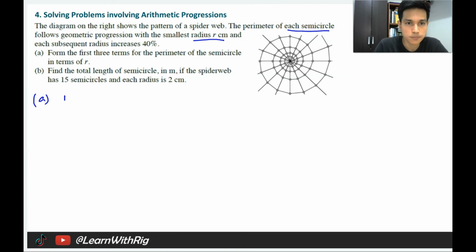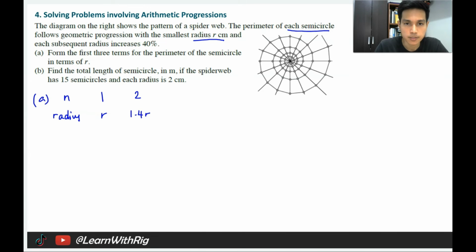So we are going to find, okay, so when n equals to 1, the first term, right, what is the radius? Radius equals to R, the first one. Okay, and then the second term, radius is equals to 40% increase, so that means 1.4 R. Why?